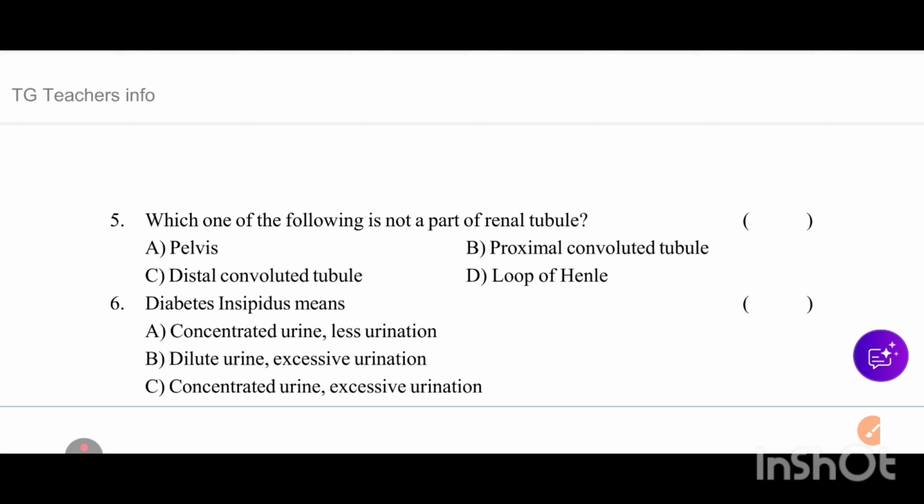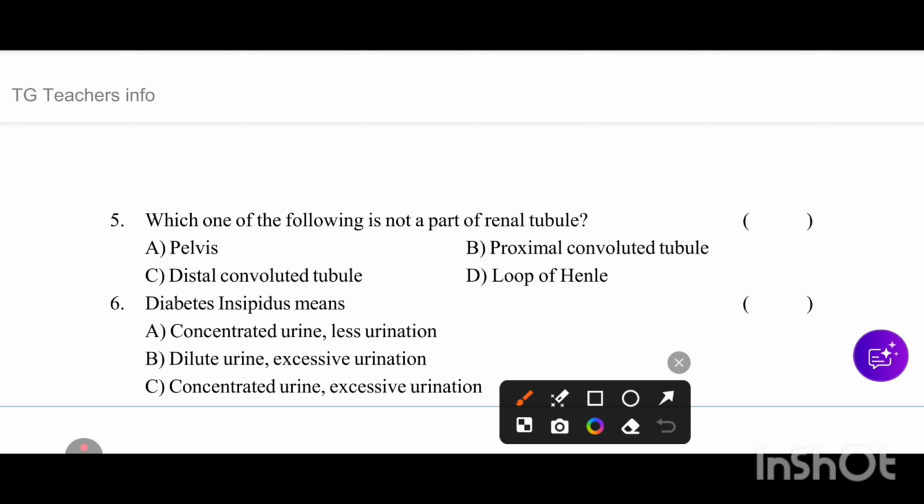The right answer for this one is A. Sir, why not B? Why not D? Why not C, sir? The reason is that the important parts of the renal tubule are PCT, DCT, and loop of Henle. PCT means proximal convoluted tubule, DCT means distal convoluted tubule, and loop of Henle.